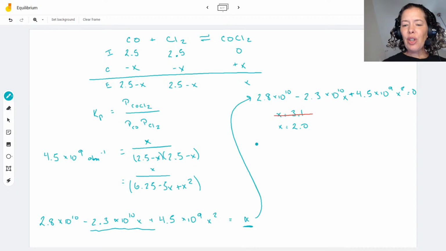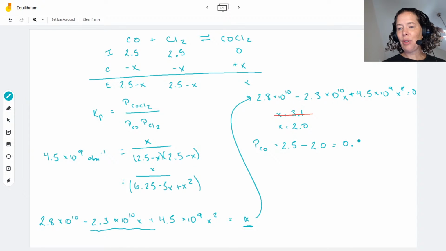Okay, so my equilibrium pressure for carbon monoxide, again, I'm just using this expression, is 2.5 minus x, which I have calculated. And that gives me an equilibrium pressure of 0.5 atmospheres. And it's going to be the same thing for chlorine gas, 2.5 minus my value of x, still 0.5 atmospheres.